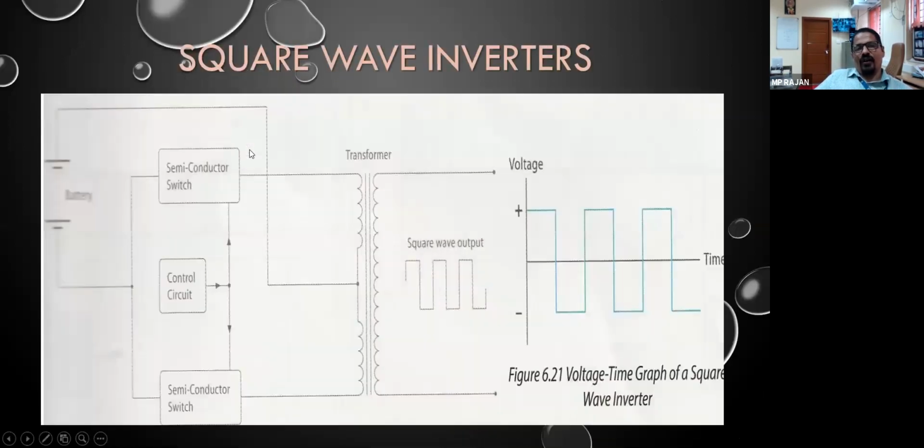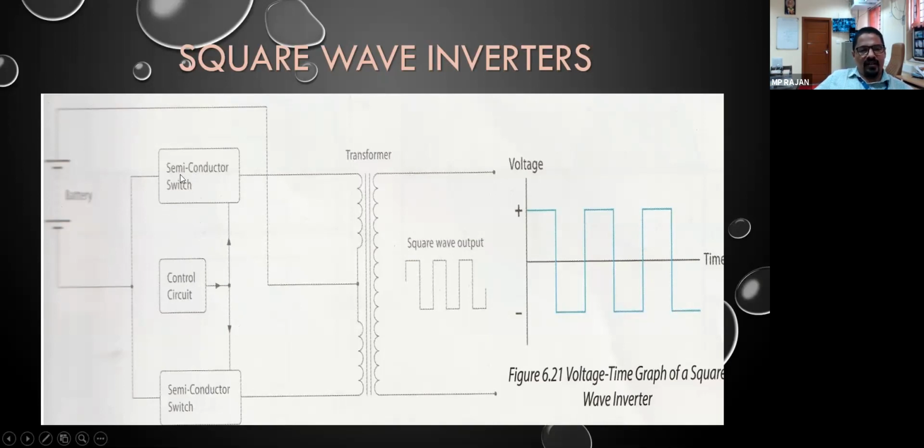Let us see a square wave inverter. These are the two semiconductor devices. Once again, I'll explain. This is a DC power supply, either from a battery or a solar panel. आपका जो supply है यहाँ से जाता है, ये सेमीकंडक्टर स्विच ऑन होते समय ये सेमीकंडक्टर ऑफ होते हैं, कंट्रोल सर्किट की वजह से इसको ऑन करते समय इसको ऑफ रहता है, इसको ऑफ करते समय इसका ऑन.